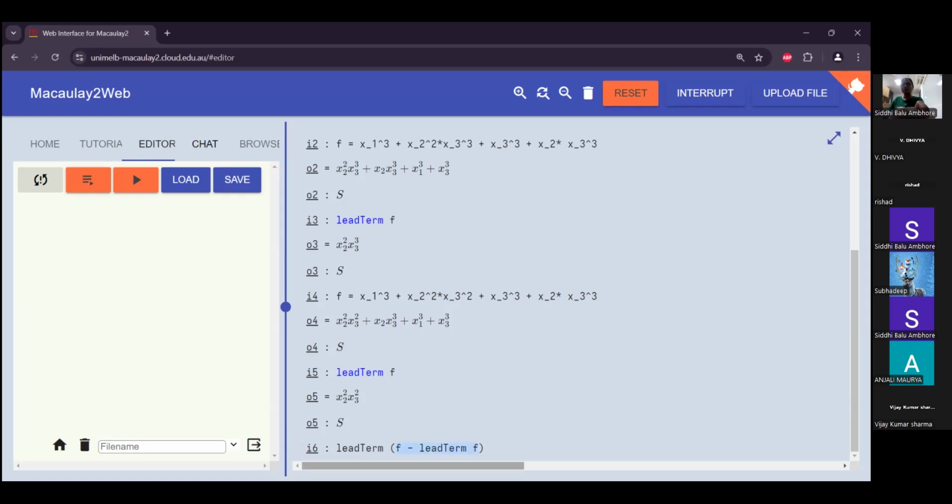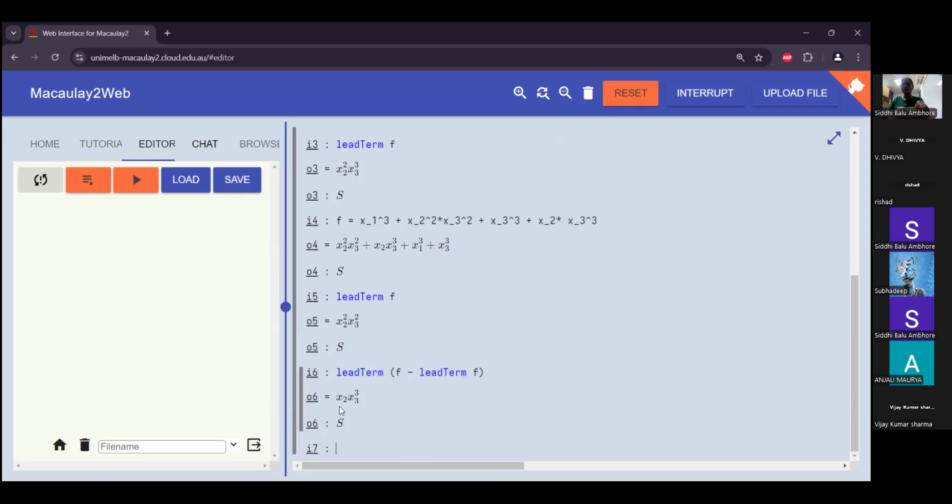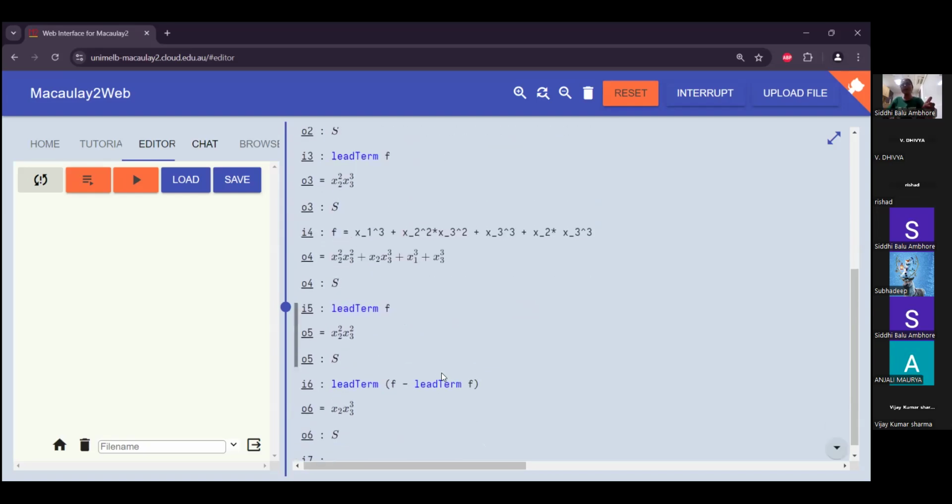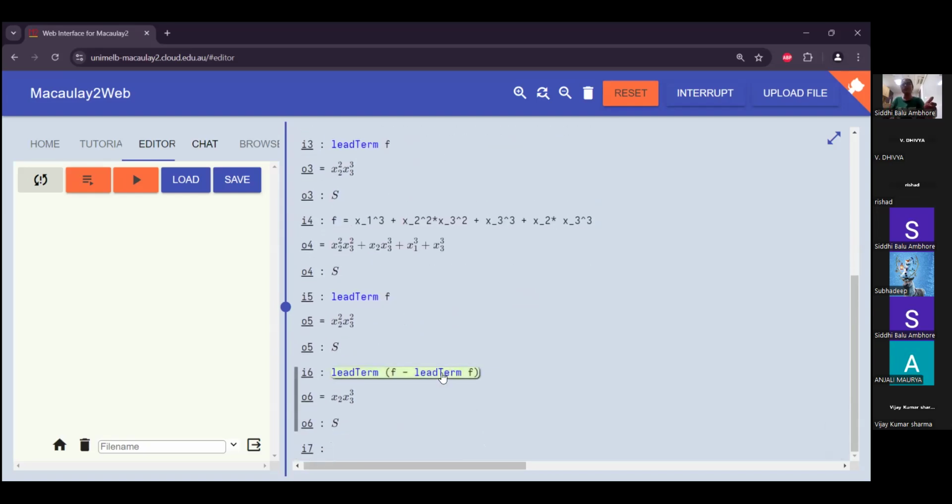Let us see what it is. It is x2 x3 cube. This is what we also got. I hope this helps. Is it okay? Yes, ma'am. Thank you. Okay, sure.